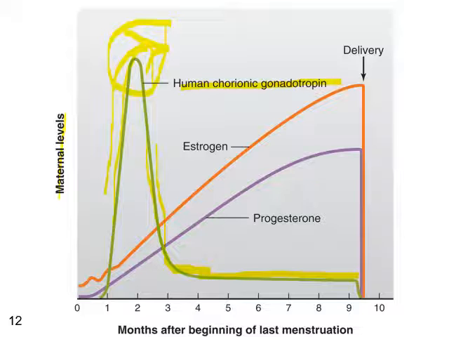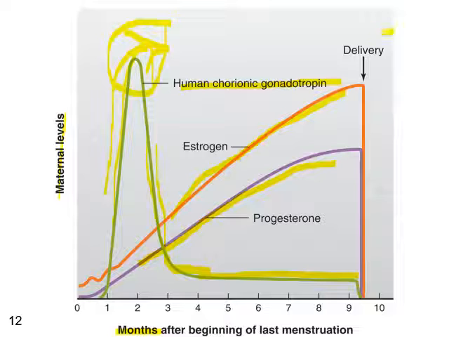And you'll recall that the corpus luteum produces progesterone and estrogen, so that progesterone and estrogen levels continue to rise and stay elevated throughout the 9 months of pregnancy.